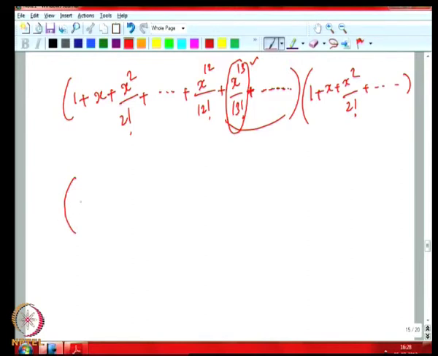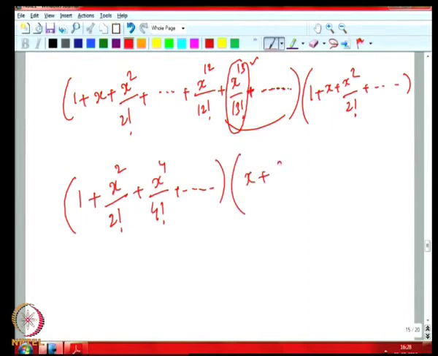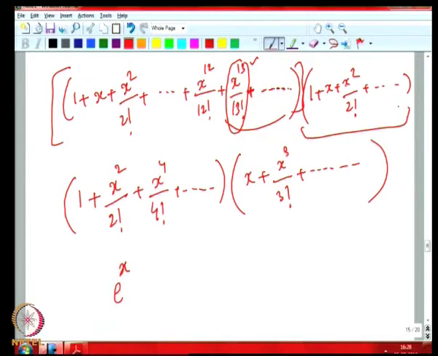Similar case for the blue bags, but the only thing is we are only allowing even powers, x raised to 4 by 4 factorial and so on till infinity. And this last one is x plus x cube by 3 factorial plus and so on till infinity. This we know is e to the power x, this is again e to the power x.